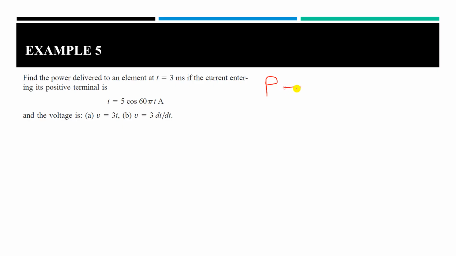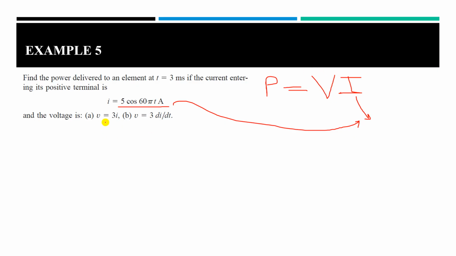The power is simply equal to V multiplied by I, voltage multiplied by the current. The current here is 5 cosine 60 pi t; this is the equation of current. Now what is the value of the voltage?